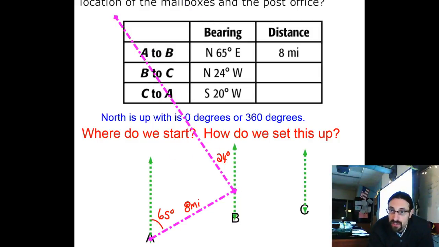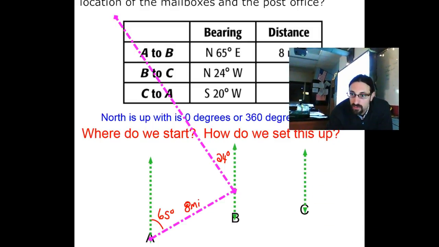The last one we need to look at is from C to A. So somewhere from C to A, right, up here, is south 20 degrees. So let me just get point, I guess I can move my picture out of the way. Here's point C. So C is somewhere on this line, right? Now, it says south. So let me just turn this around. Hey, there's north, and now I'm south, right?